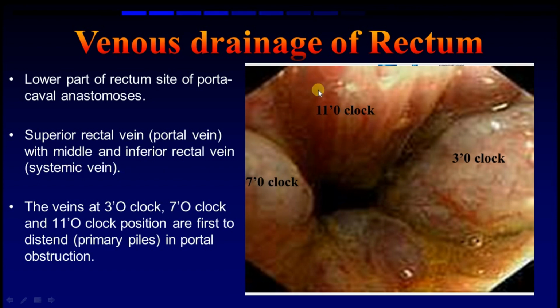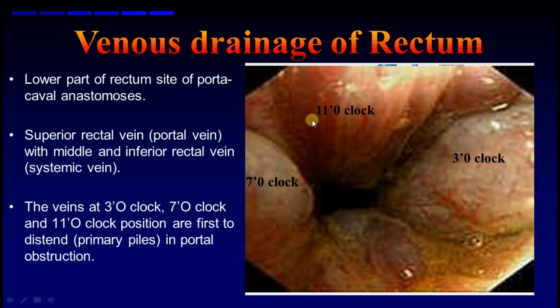Now, of these 6 veins, the venous radicals at the 11 o'clock, 3 o'clock and 7 o'clock positions, okay, 11 o'clock, 3 o'clock and 7 o'clock positions, are distended primarily in any varicose veins. They become first varicosed in any pathological conditions, that is, if there is portal hypertension or portal obstruction.